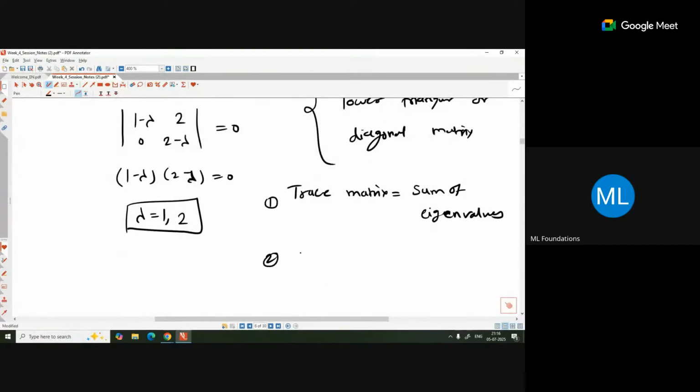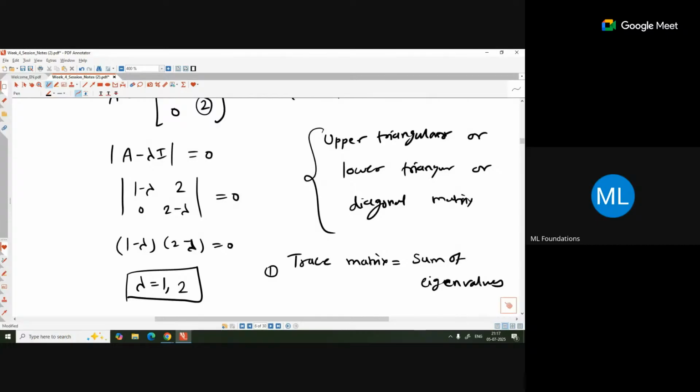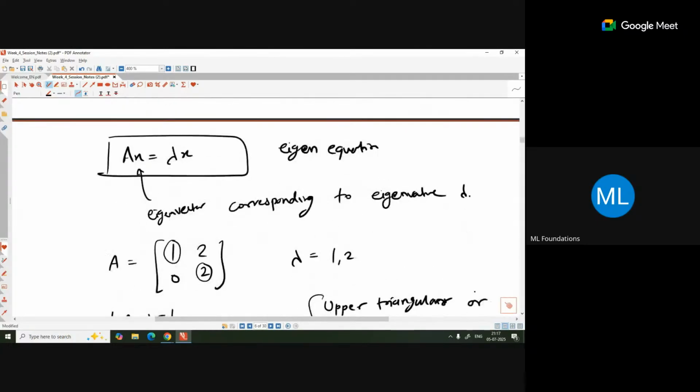Another property is that the product of eigenvalues is equal to the determinant of the matrix. These properties frequently come up, so you may remember them by heart.